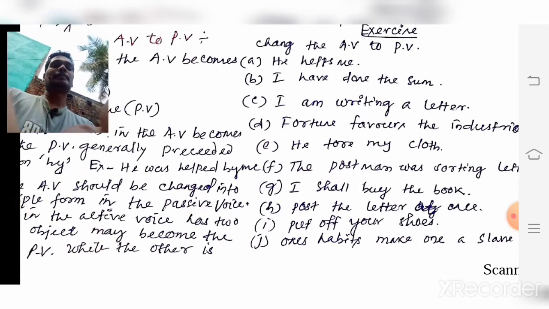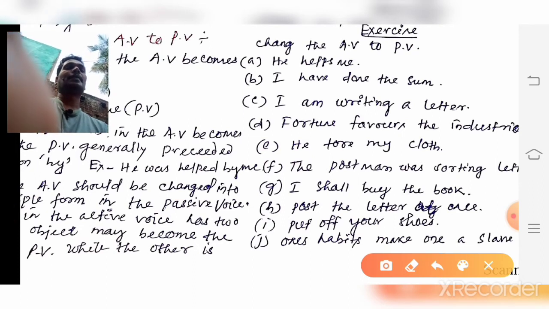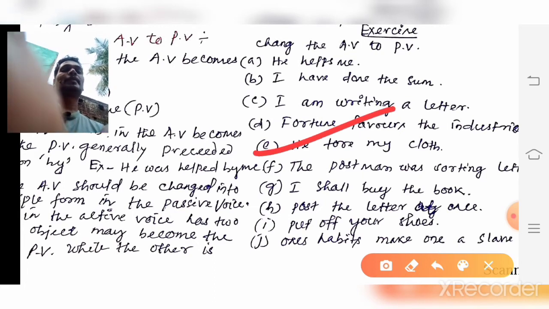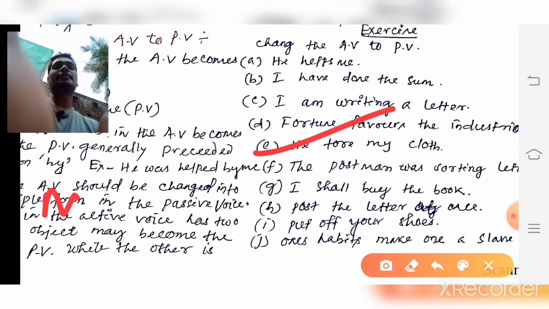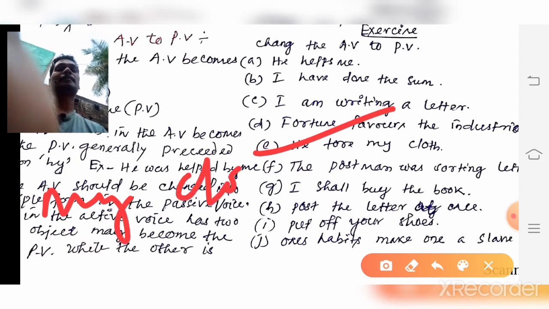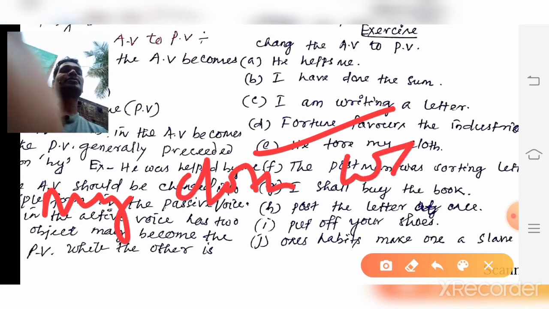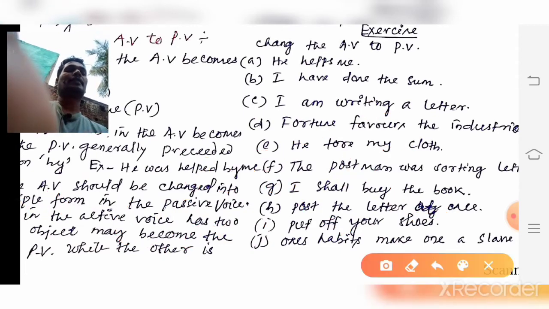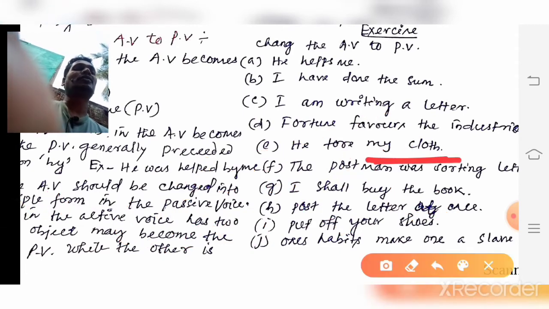Then, he tore my clothes. AV. What will be PV? My clothes were torn by him. Here my clothes is the object which will be used as subject in the PV form.